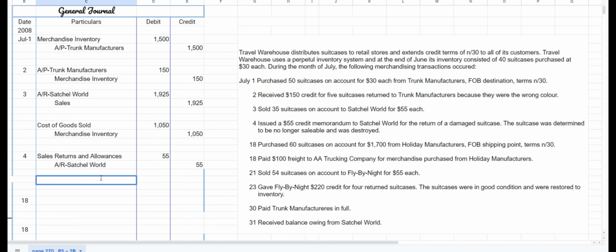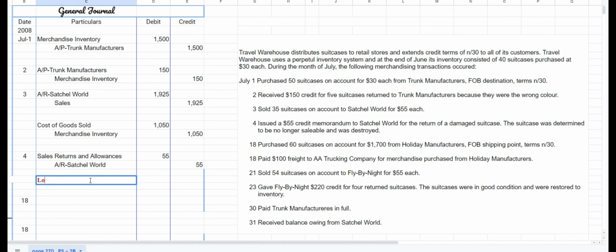Now usually if it goes into your inventory, then you can debit merchandise inventory and credit cost of goods sold. But in this case, the suitcase was no longer saleable. So if it's no longer saleable, you have to record a loss.